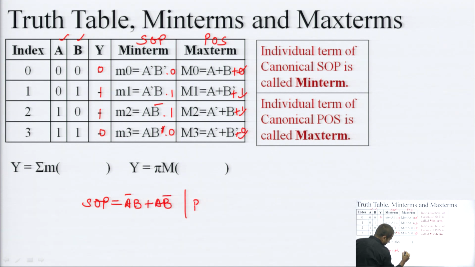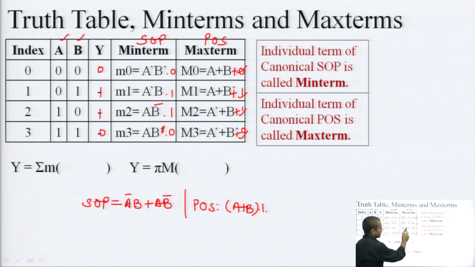And similarly, for POS you can check that A plus B plus 0, that means 0 will remain unaffected. So, it remains A plus B, and A plus B bar plus 1, and 1 plus anything is equal to 1. So, this becomes 1.